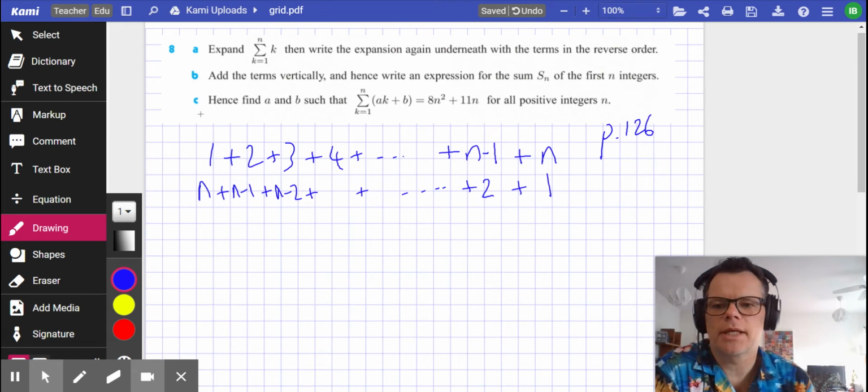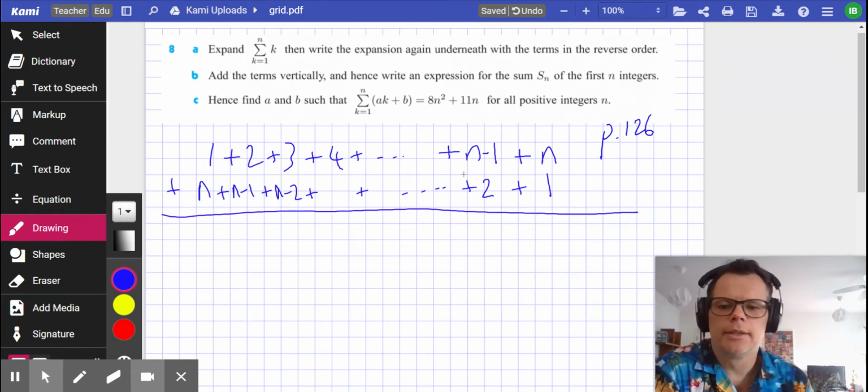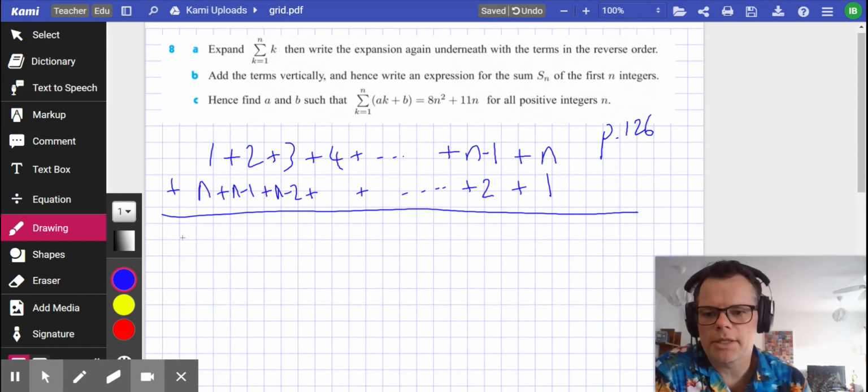Part B then says to add the terms vertically. So vertically means that plus that, that plus that. So 1 plus n will be n plus 1. n minus 1 plus 2, that term plus that term, would again be n plus 1.